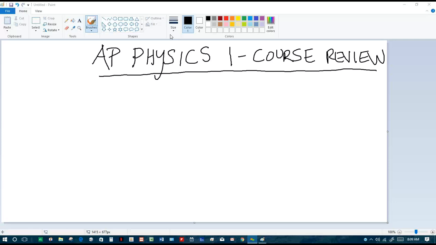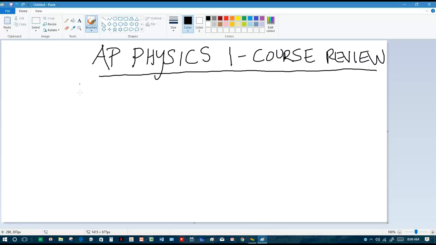I believe the first thing you probably learned was kinematics, right? Kinematics. And kinematics is broken into two sections: one-dimensional motion or two-dimensional motion.